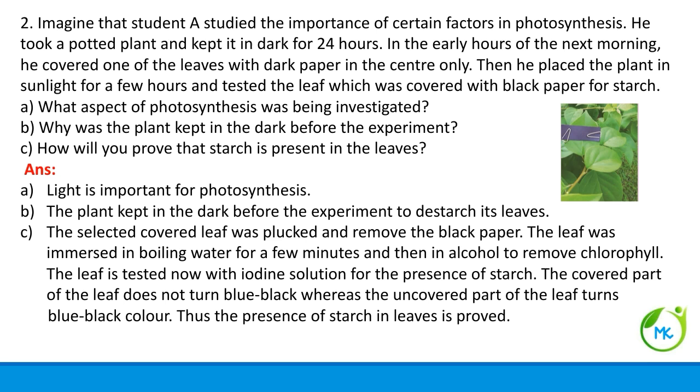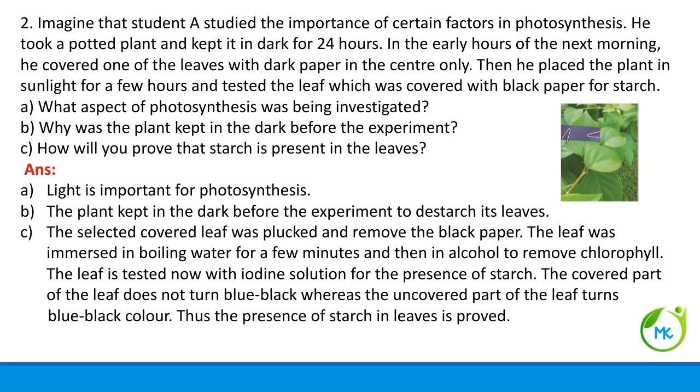The plant is kept in dark for 24 hours, because when it is kept in dark, whatever starch is present in the leaves will be utilized by the plant and no further starch will be produced, as there is no light for photosynthesis to take place. So the leaves of the plant will be made starch free. This process is called de-starching the leaves.